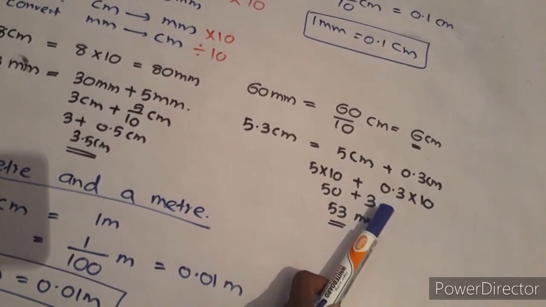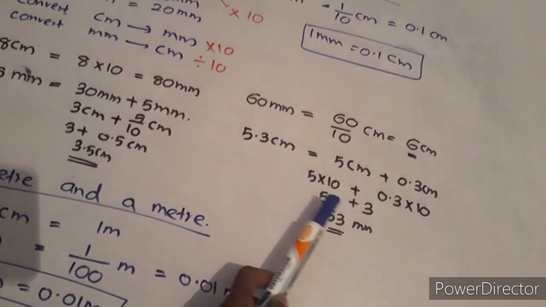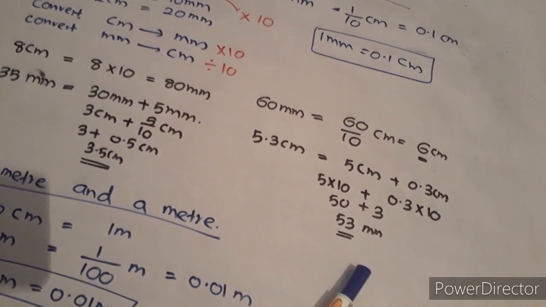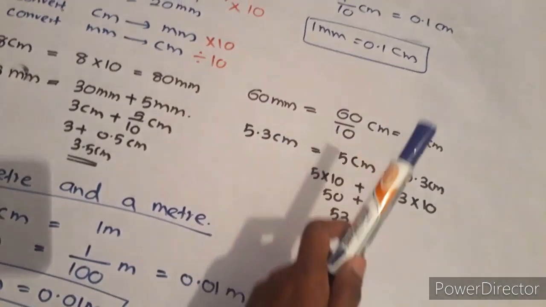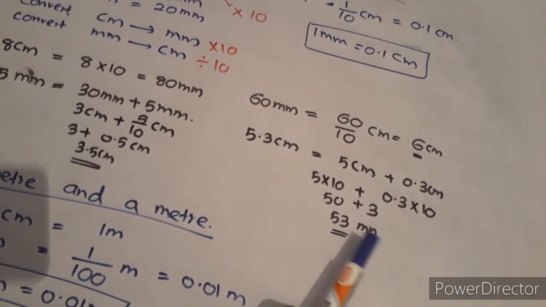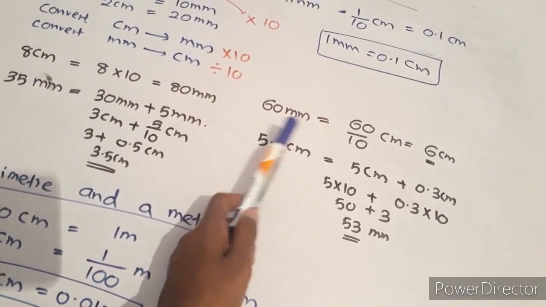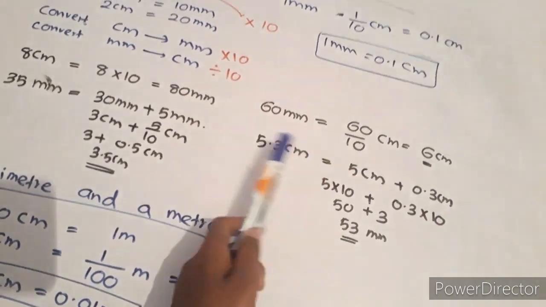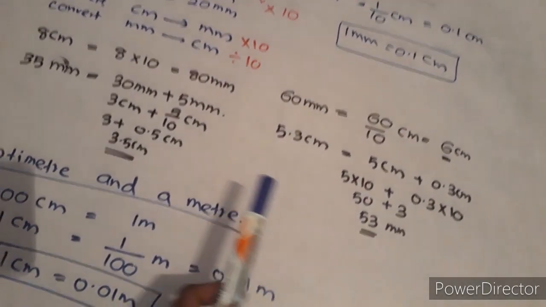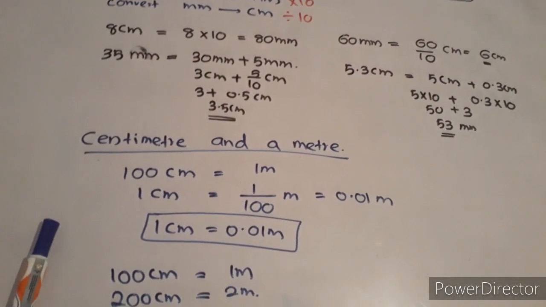Then it becomes 3. So the answer is 53 millimeters. 5.3 centimeters is equal to 53 millimeters. You can directly multiply by 10 to convert centimeters into millimeters. Now we'll see the next one.